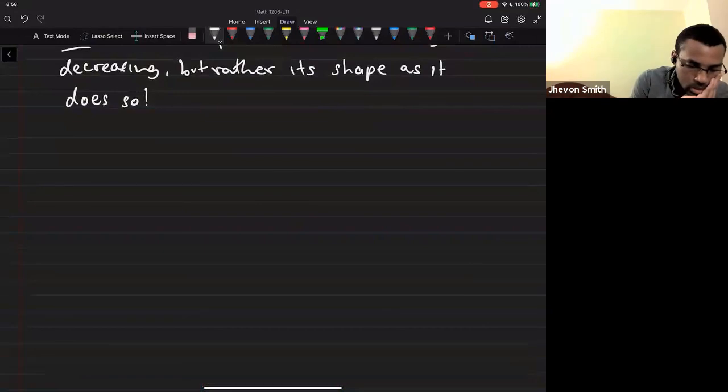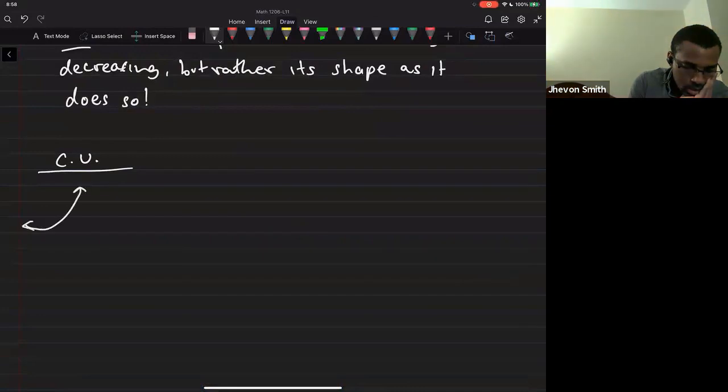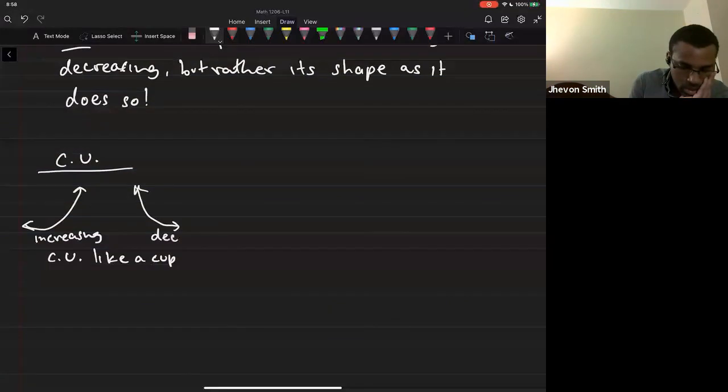So concave up means you're like this, or this. Concave up like a cup. This here is increasing. This here is decreasing.